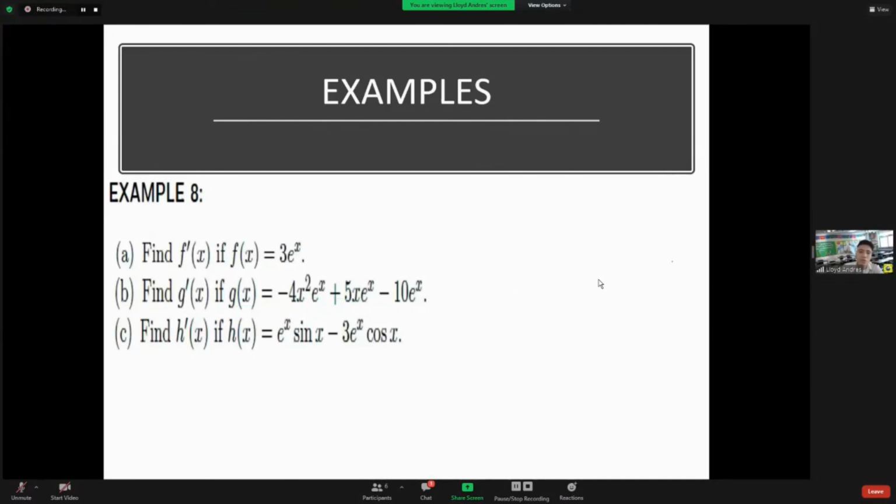So, given g of x, we are asked to solve for g prime of x.